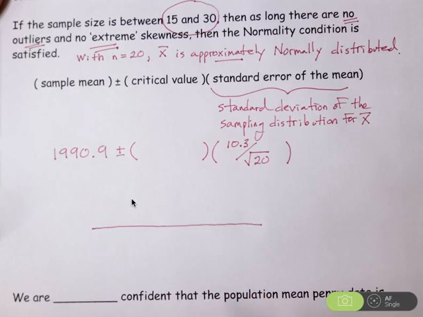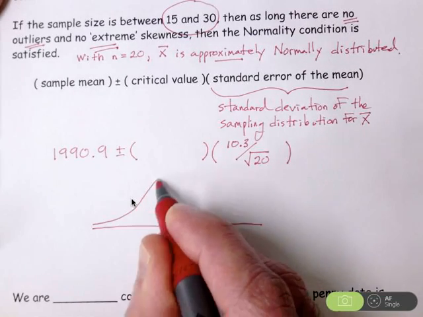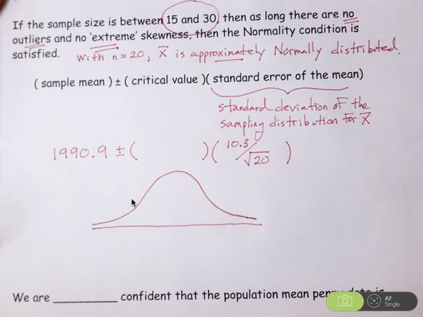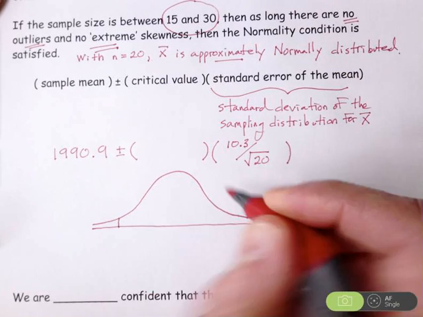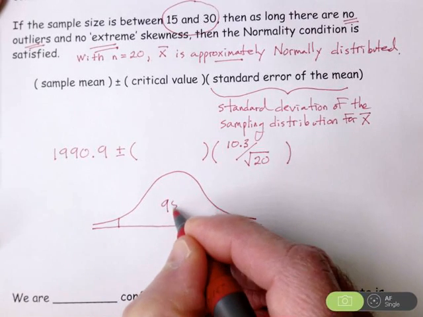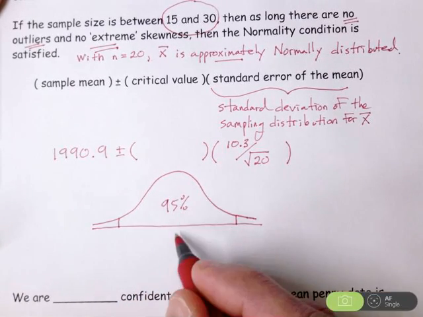Let's say we want a 95% confidence interval, a very typical level of confidence. That means I want to capture the variability in the middle 95% of the sampling distribution.